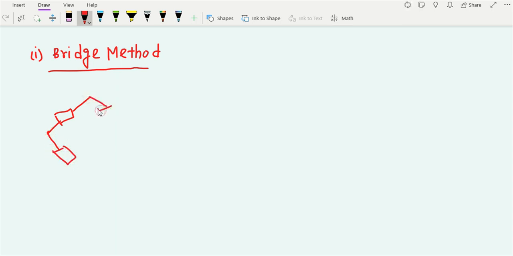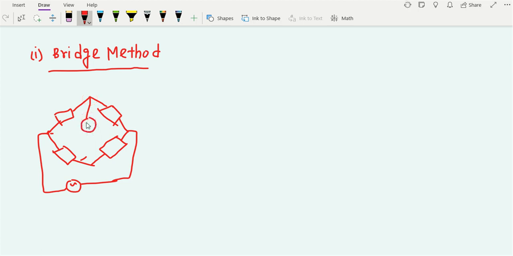This is the third one. At these two ends you can connect the source, and at these two ends you can connect a detector.